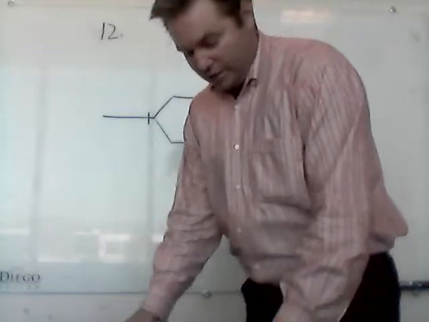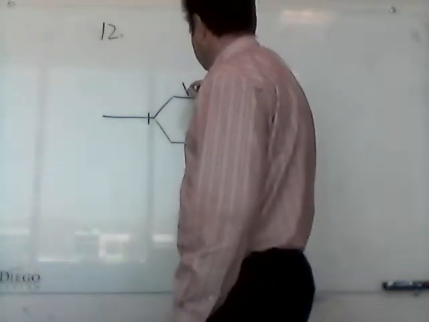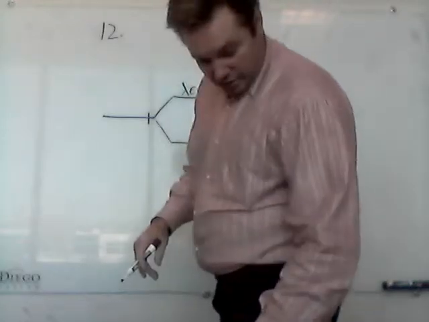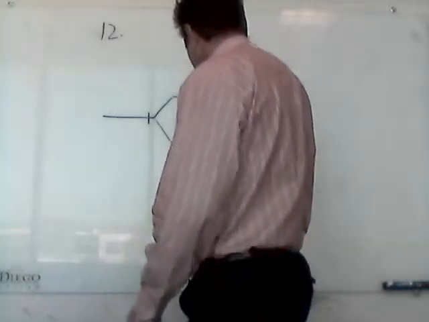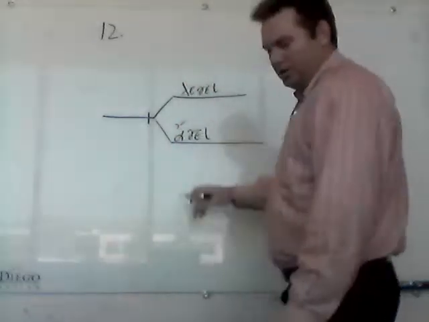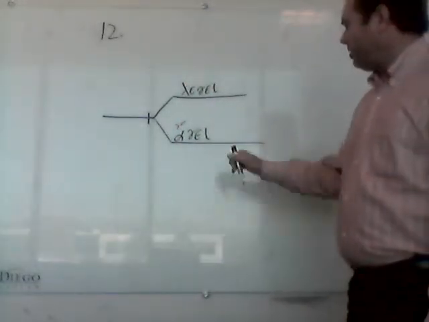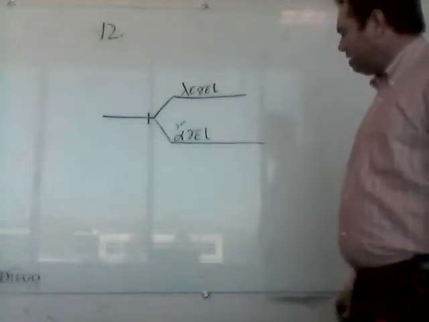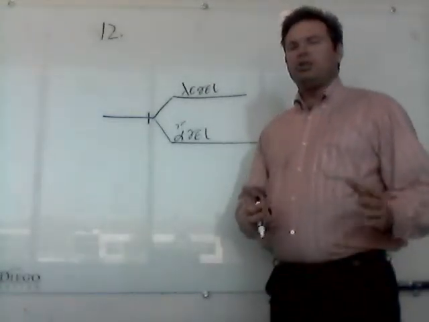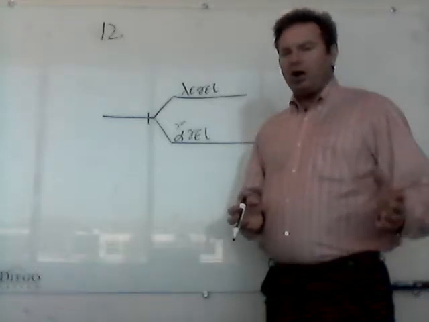Our verbs are legei and, if memory serves, agei. Now, I want you to know that both of them end with the epsilon iota ending, which means that when we parse them, other than the root word, they parse the same way.